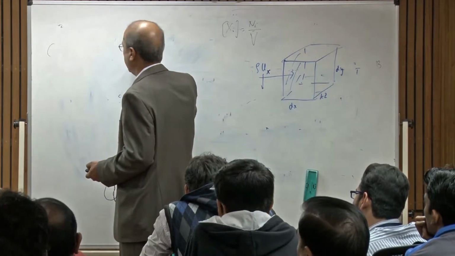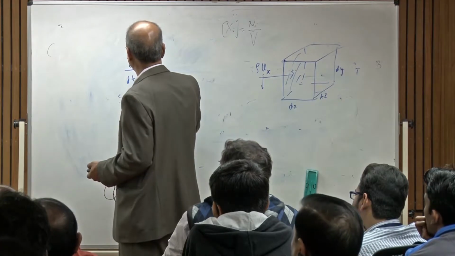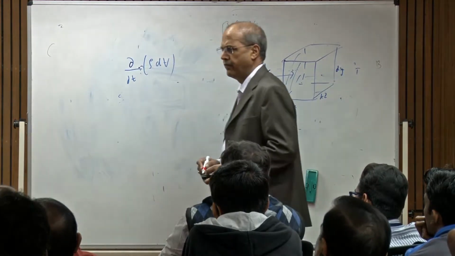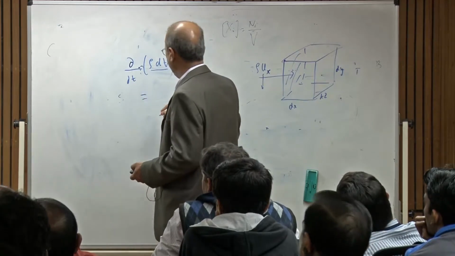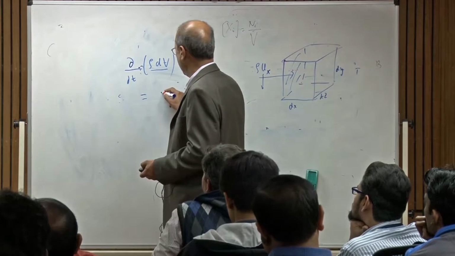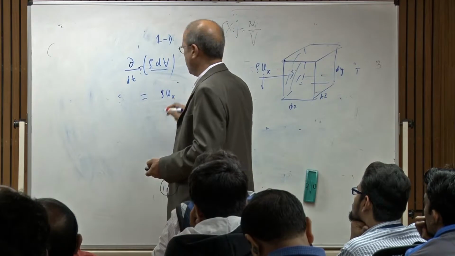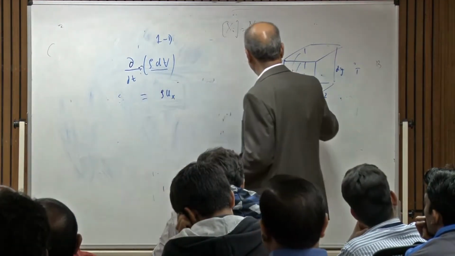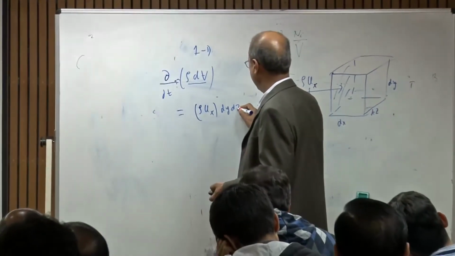you have the rate of change of mass, mixture mass, is rho times dV. So this is the total mass, the rate of change of mass. Then the rate of mass flowing in. In the one dimensional case, let us say first 1D, rho ux times the area, which is dy dz.